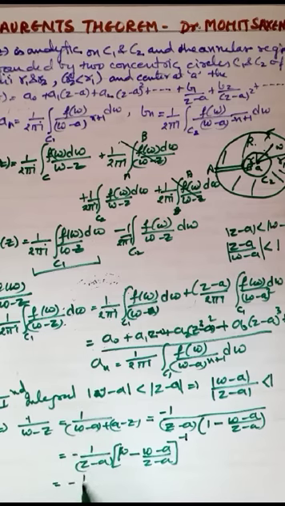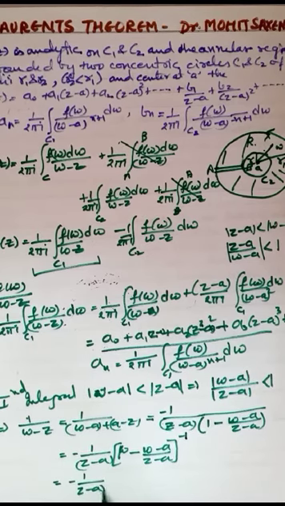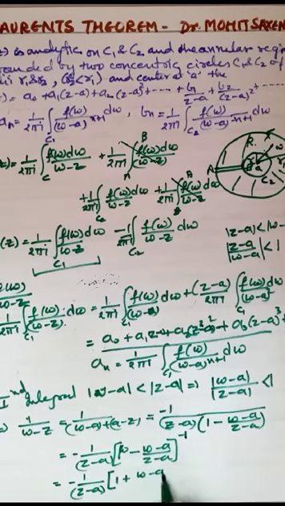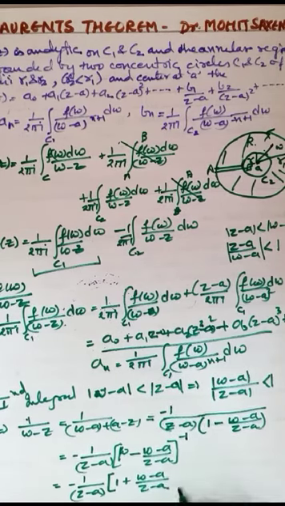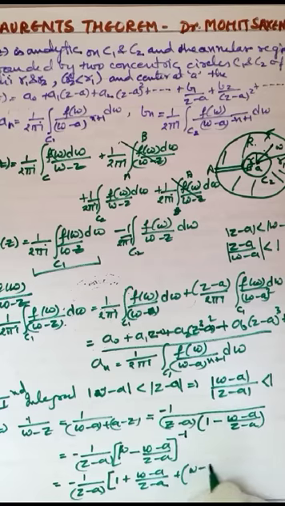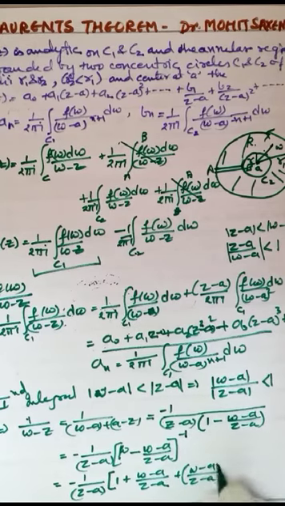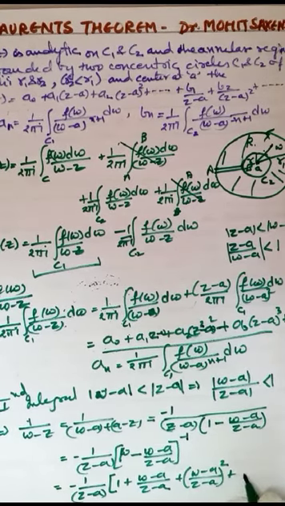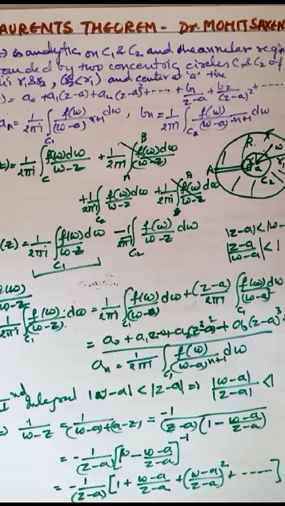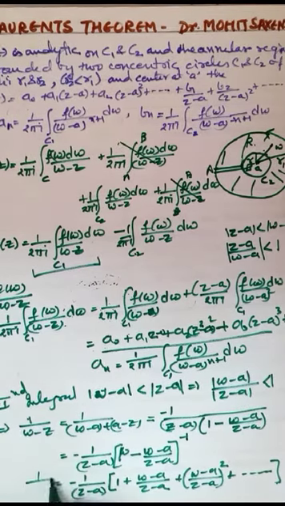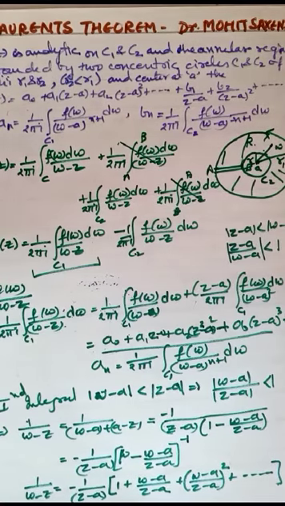We would get minus 1 upon z minus a, within bracket 1 plus (w minus a) upon (z minus a) plus [(w minus a) upon (z minus a)] whole square plus dot dot dot. Now this is one value of 1 upon w minus z.